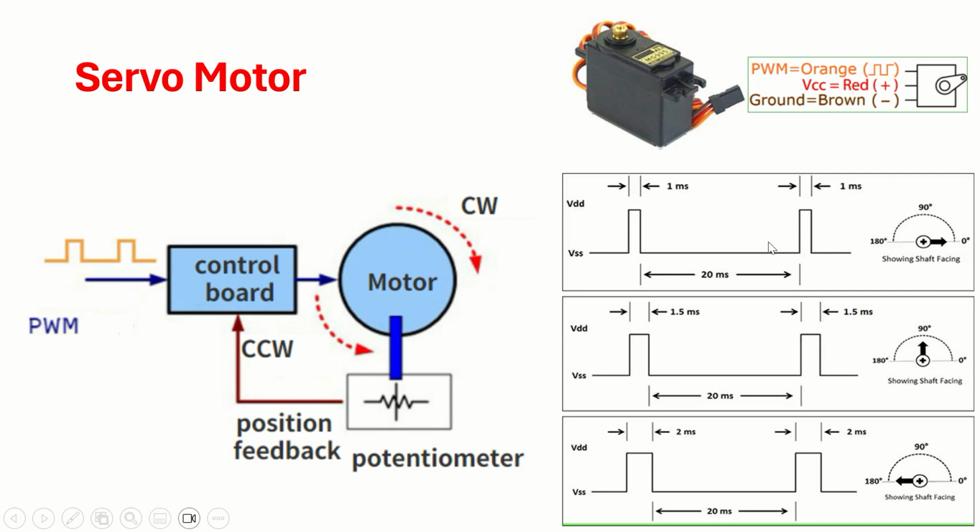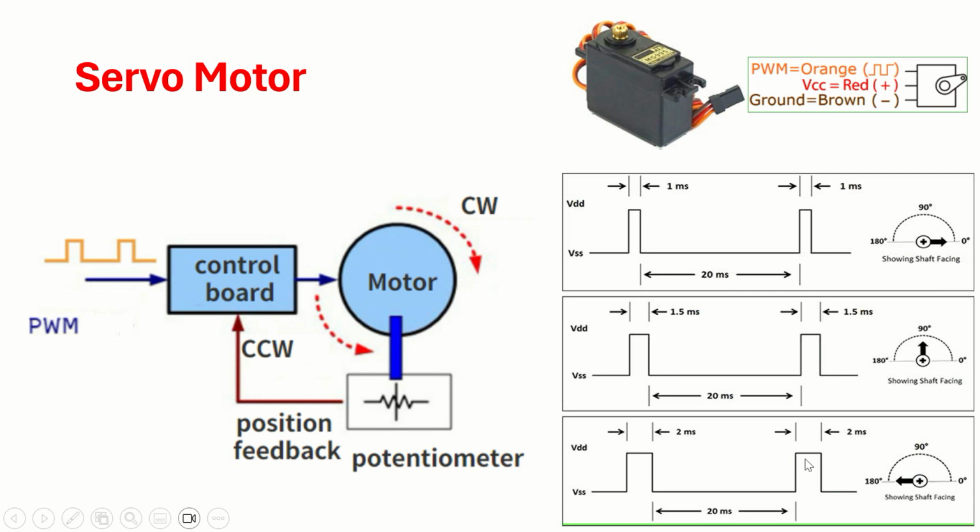Let's say the total duration of the pulse is 1 millisecond, then it is at 0 degrees. If you apply, let's say, 1.5 milliseconds of the pulse, then the motor will move to 90 degrees. If you apply a pulse of, let's say, 2 milliseconds, the motor will move to 180 degrees.